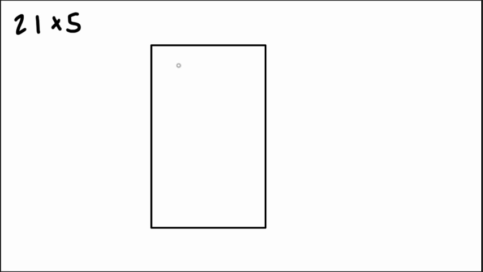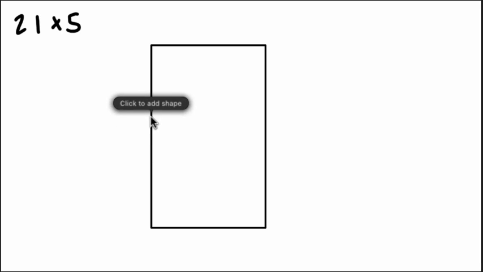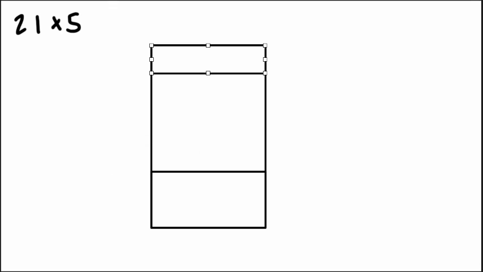Again, we'll do 21 times 5, and we'll get rid of this shape, and instead, what if we add this in? And what if we split these into 5? So 5 here. Oh, you know what? Let's do it like this. I'm going to add a box. And then what happens if I split these up? 1, 2, 3, 4, 5.